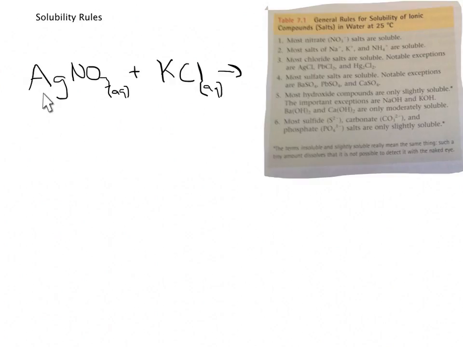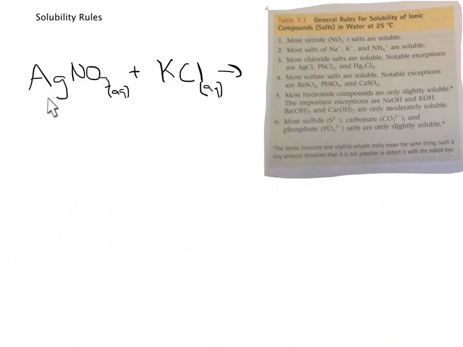The first, silver nitrate, we know it's soluble. If something's soluble, it dissolves in water, and we give it the AQ symbol. And potassium chloride, which also is soluble in water. So these are two clear liquids that we mix together, and when they're mixed together, they form a solid product. Well, what is the solid product going to be?